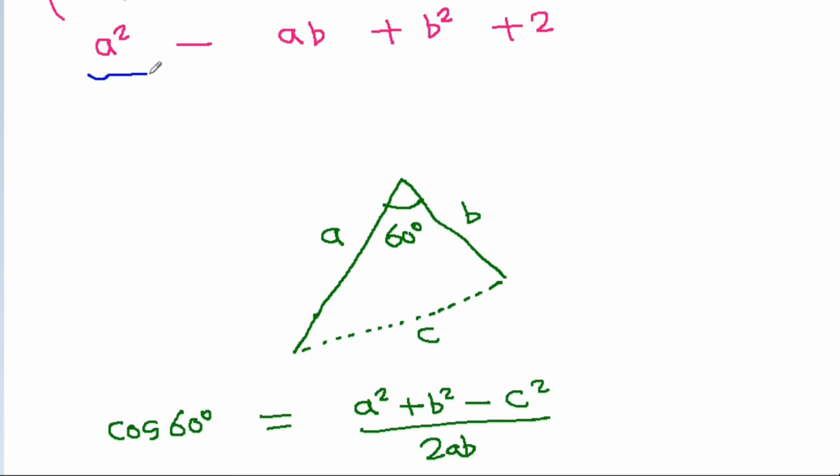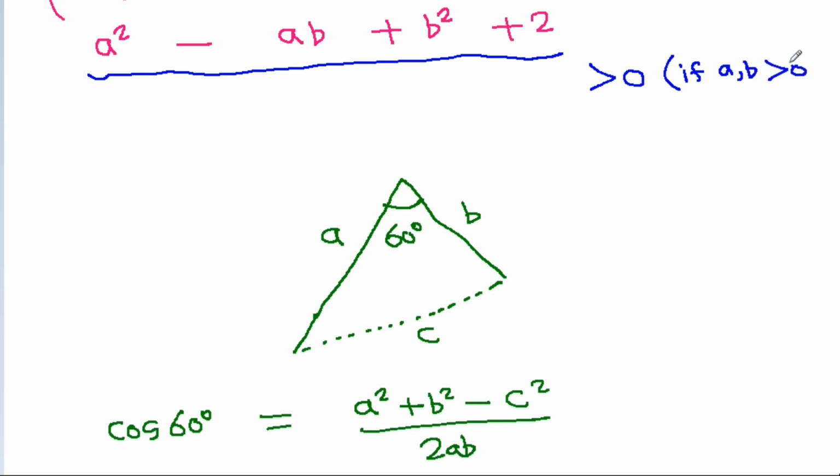So a square minus ab plus b square plus 2 will be greater than 0 if a and b both are positive, and if a and b both are negative, then the expression will be the same and hence it will be positive.